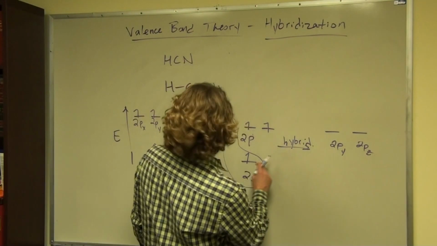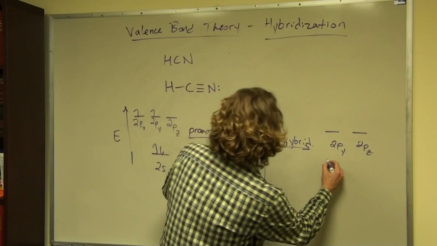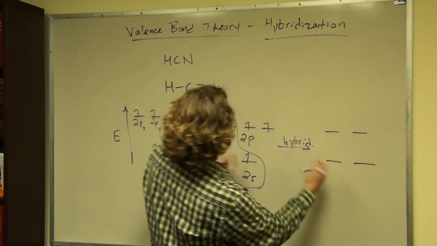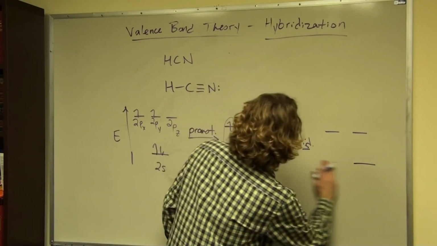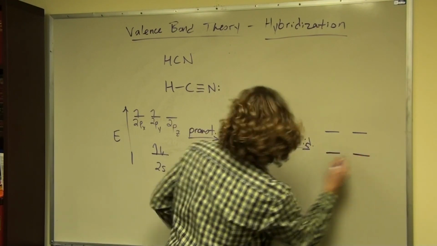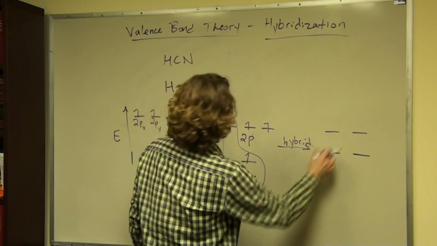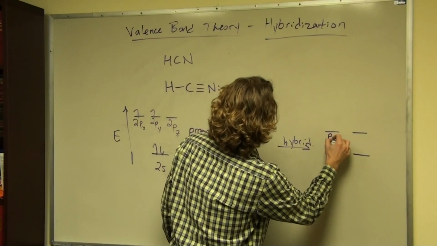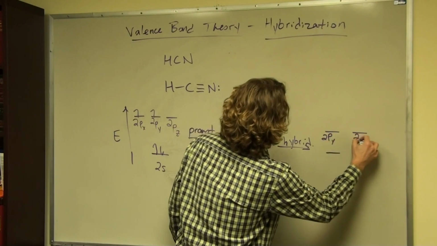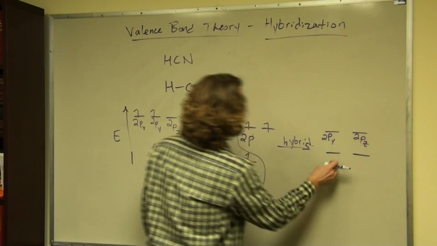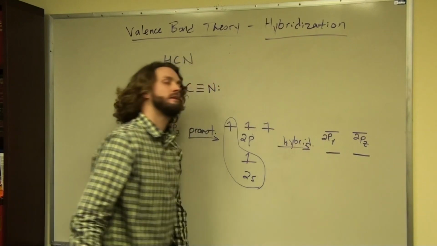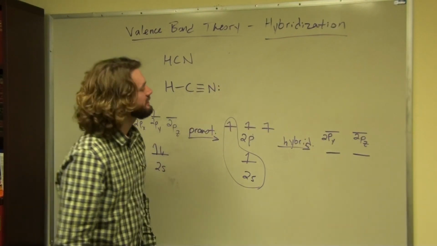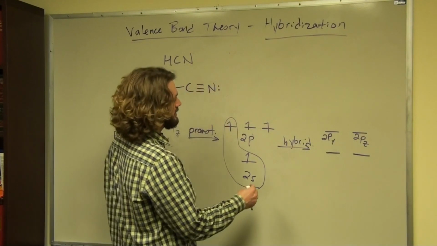Now, since it's about 50-50 s and p, I can draw them about the same distance in between the 2, roughly. That's not a very good job, but you get the idea. If I have my energy scale on one side, these would be in between these 2. Okay, so there's my 2py, 2pz, still unhybridized. And then I've got these 2 hybrids, now with appropriate energy, and hopefully pointed in the right direction to make the geometry we're observing.